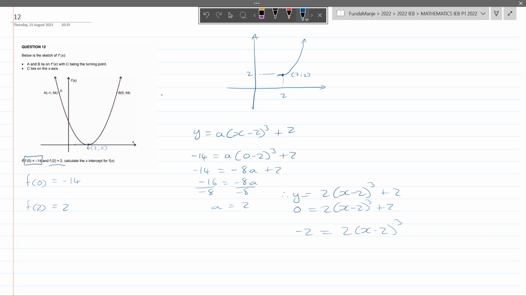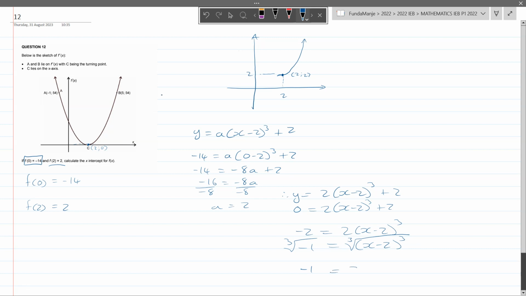You can divide both sides by 2, and you get minus 1 on this side, and x minus 2, cubed on this side. Take the cube root of both sides. Here you can take the cube root of a negative number, it's possible. So if we take the cube root of minus 1, we just get minus 1.